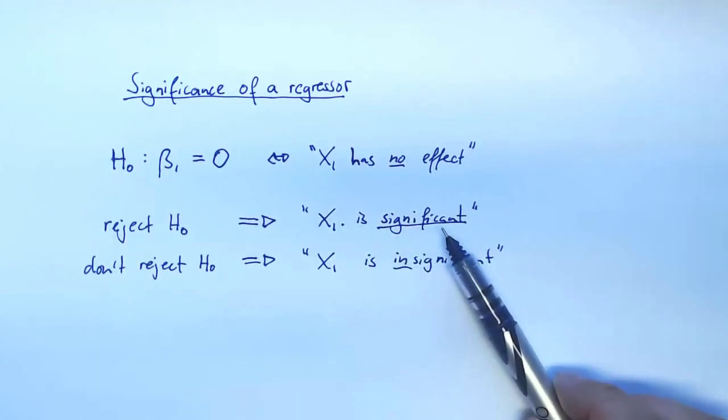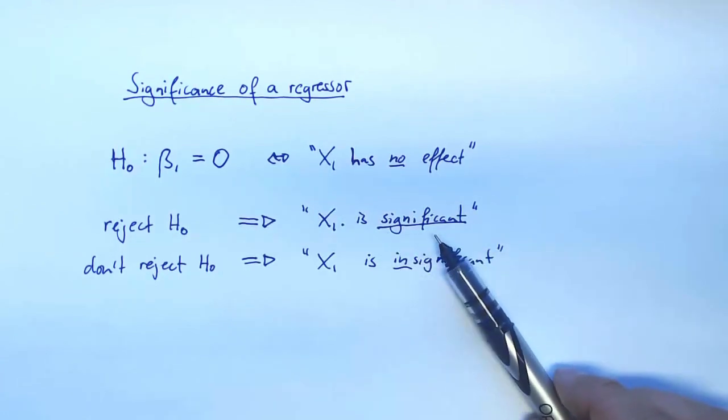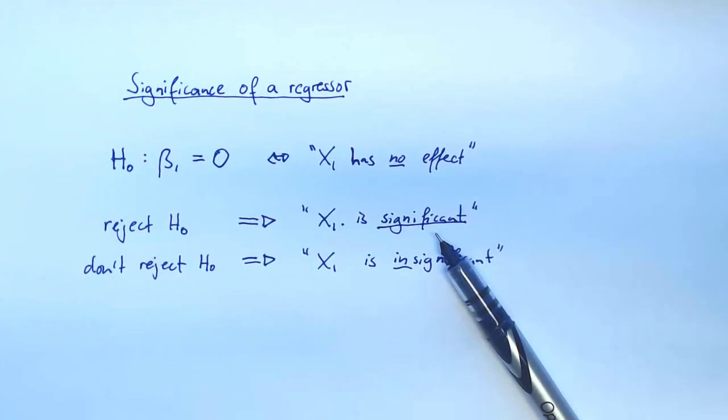But this is not how we use the word significant here, right? Here it just means that we are able to distinguish the effect statistically from 0. So we are establishing that the effect is not 0, it could still be very, very small. This is what the whole discussion about statistical significance versus economic significance is all about.